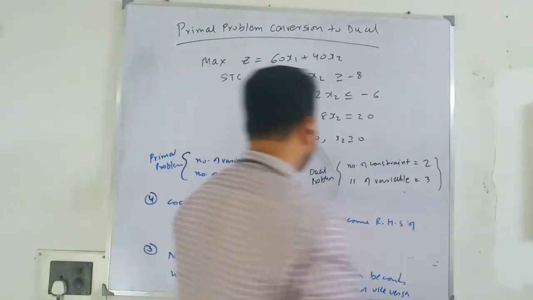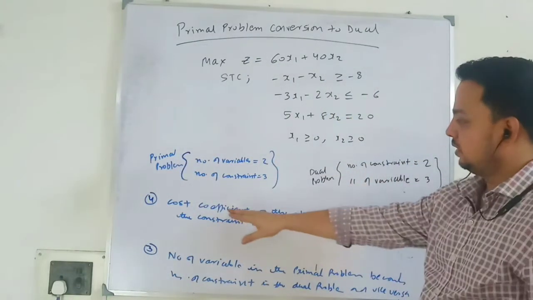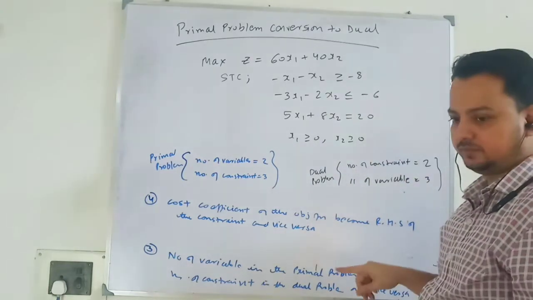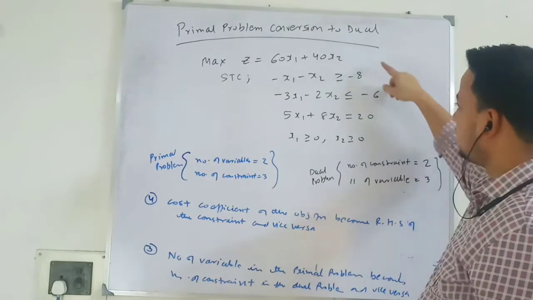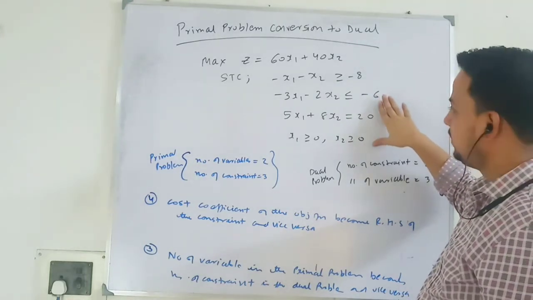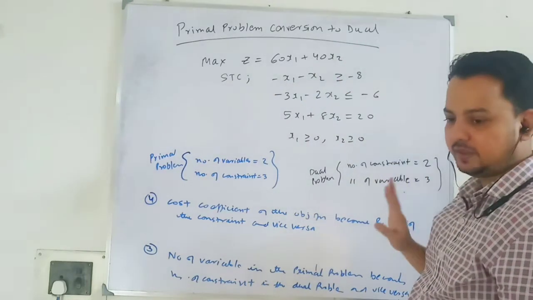Okay, that means the right hand side of the constraints that we have in the primal problem will become the cost coefficient in my dual problem.